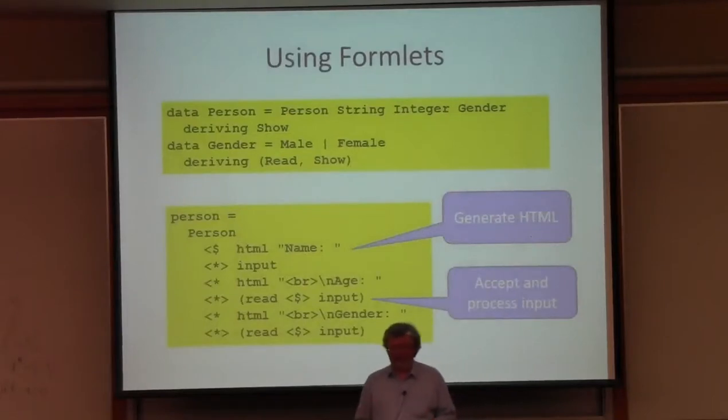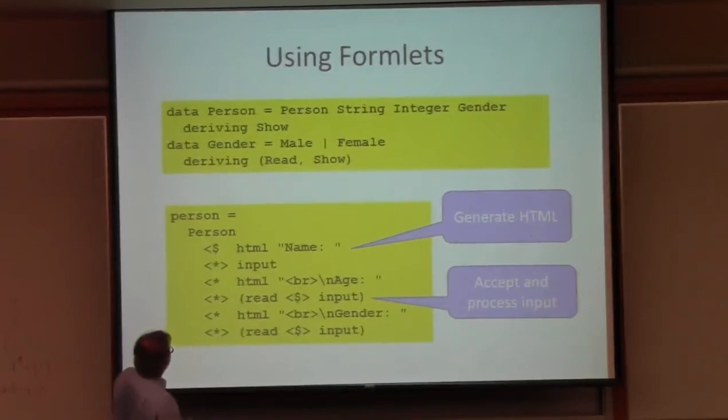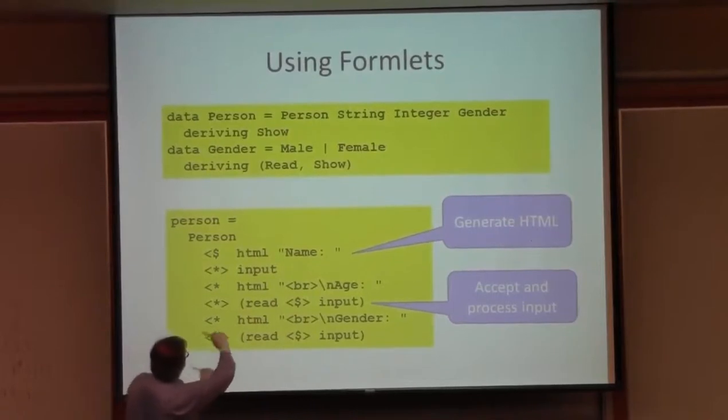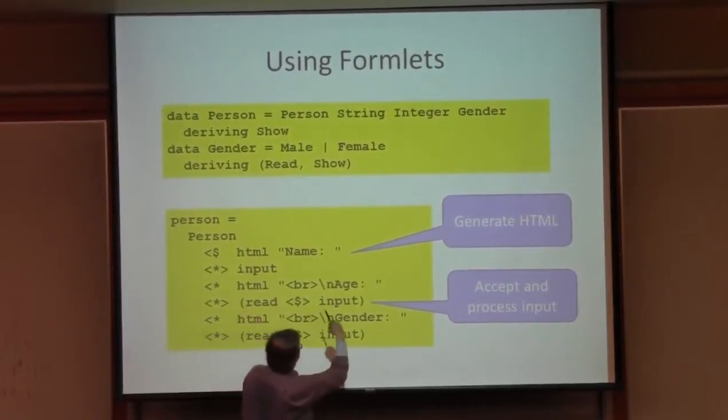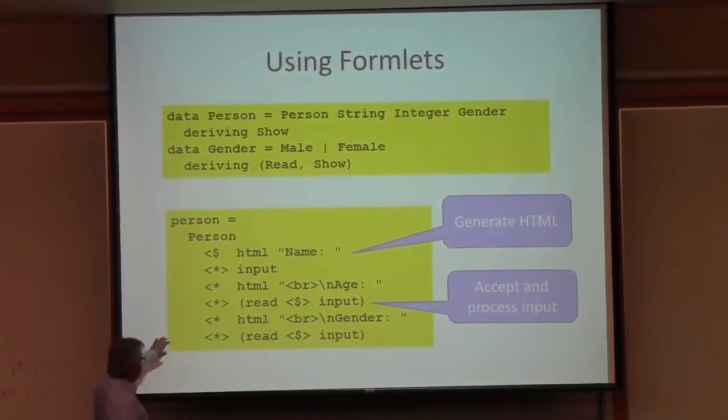So the idea of the Formlets library is that instead you should be able to combine all of that into one place. So suppose I were to parse that form and I want to end up with a person value. So I've declared a person type up there with just 3 fields, a string, an integer, and a gender. Then I could write, using formlets, the code for generating that form like this.